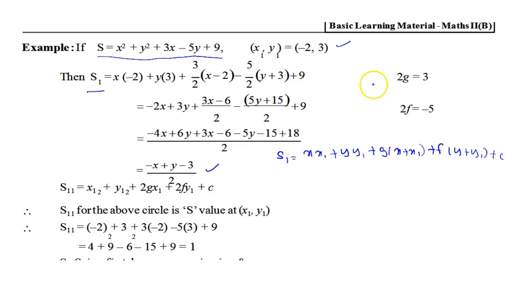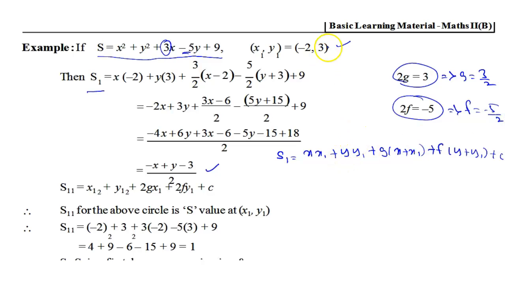Here 2g is 3, which implies g is equal to 3 by 2, and 2f is minus 5, which implies f is equal to minus 5 by 2. x1 is minus 2 and y1 is 3. Substitute in this formula, and the simplification is done like this.